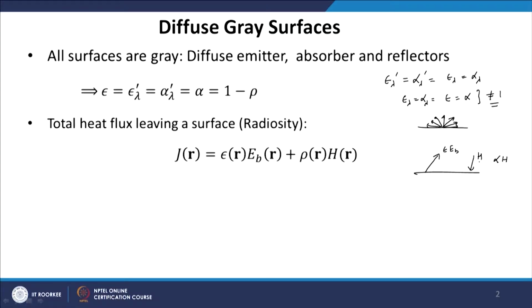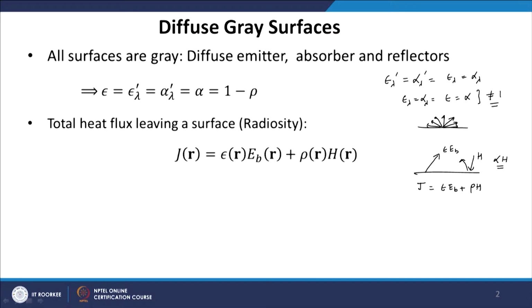So, part of this radiation H is absorbed, alpha H is absorbed, and the rest of it, 1 minus alpha times H, is reflected back. So, we define a quantity called radiosity J as the sum of energy emitted by the surface and also energy reflected by the surface.